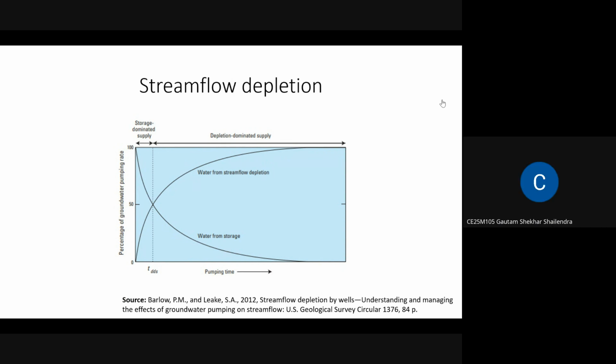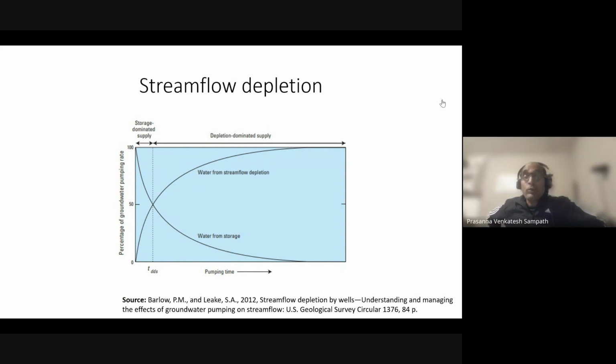Yes, sir. Effect in storage in summer and monsoon time is different because base flow increases in the monsoon time. Good question. We are talking about this in the context of whatever the base flow is at a certain point of time.